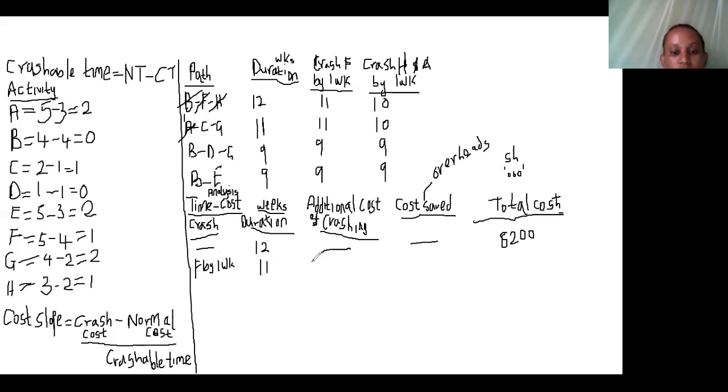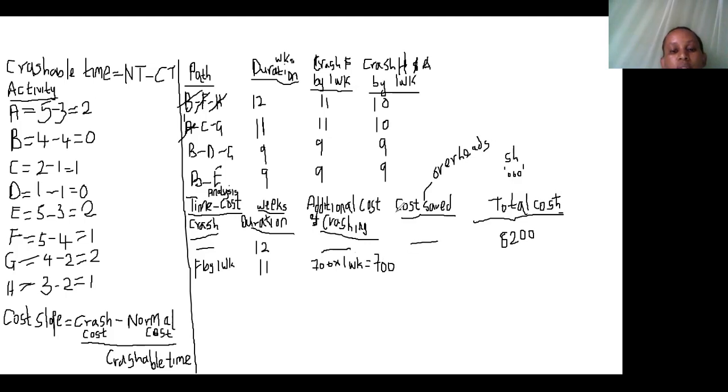Because of crashing F, the cost will go up by 700,000 for that 1 week, giving us an amount of 700. If there were 2 weeks, again, we would have multiplied by 2, by 3, like that.